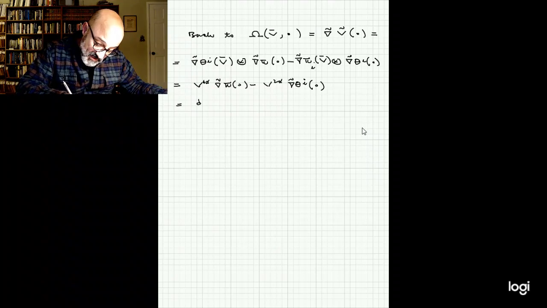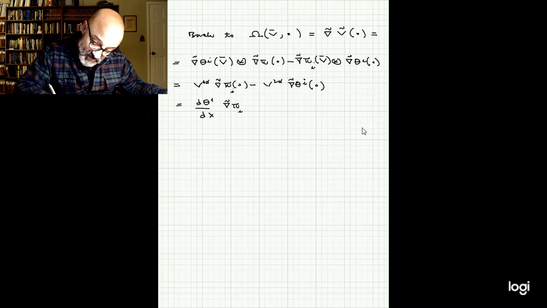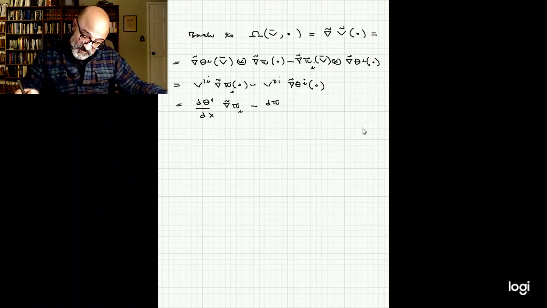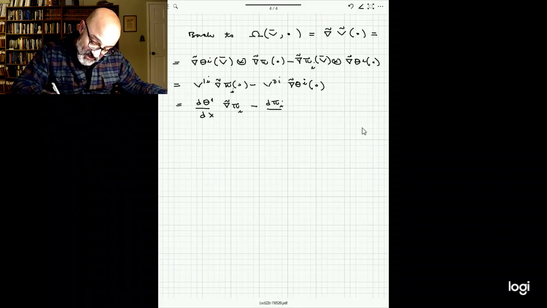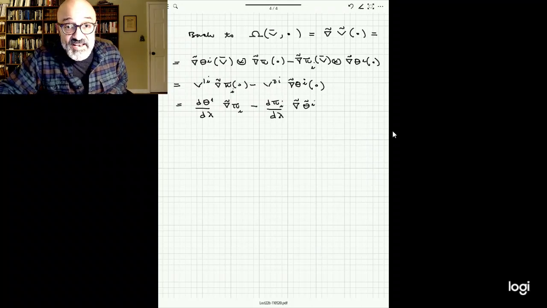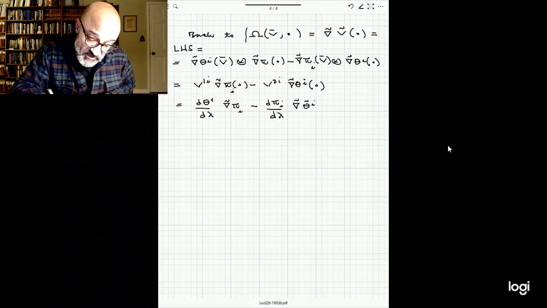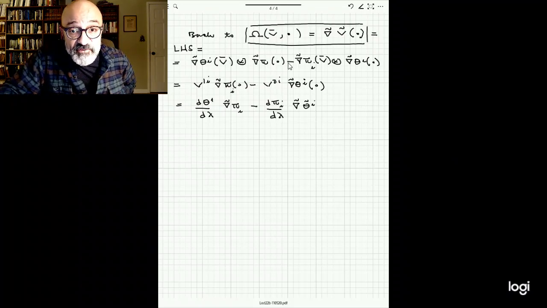This is the d theta 1 over d lambda, and here we have the gradient of pi I. And then minus, here we have the d pi 2I over d lambda times the gradient of theta I. All right, this is the left hand side of this equation. We expanded it in full glorious detail.